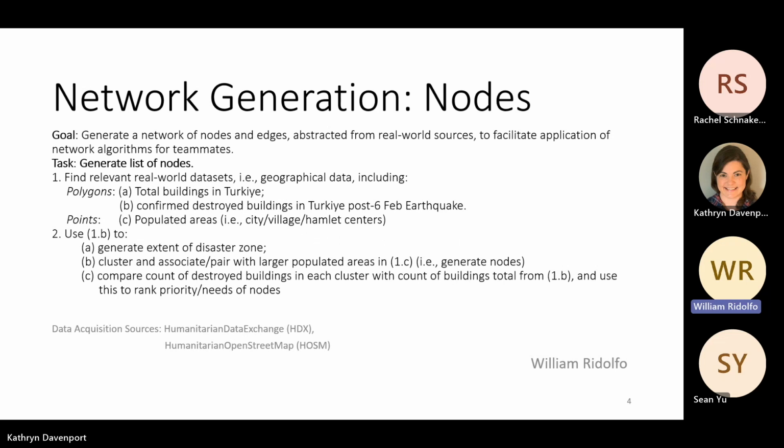So the goal for me was to generate a network of nodes and edges taken from real-world sources in order to facilitate application of a network algorithm. What I needed to do was first get the actual data regarding buildings destroyed in the earthquake zone, and also get all of the buildings in Turkey and the populated areas in Turkey, to generate a group of nodes, and then use Google Maps to figure out the distances between those nodes.